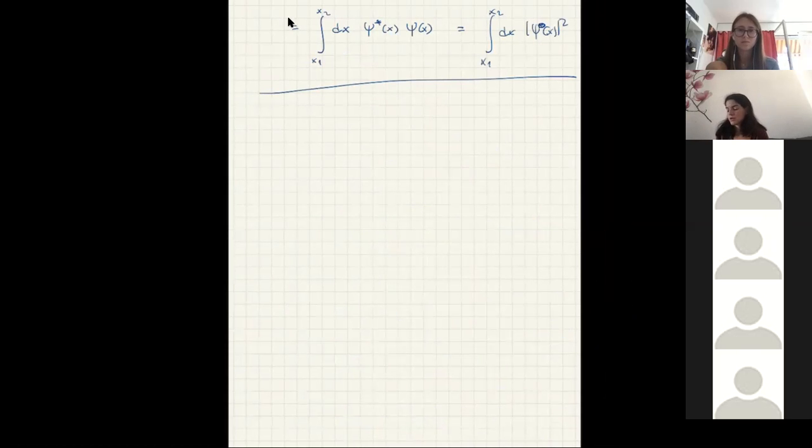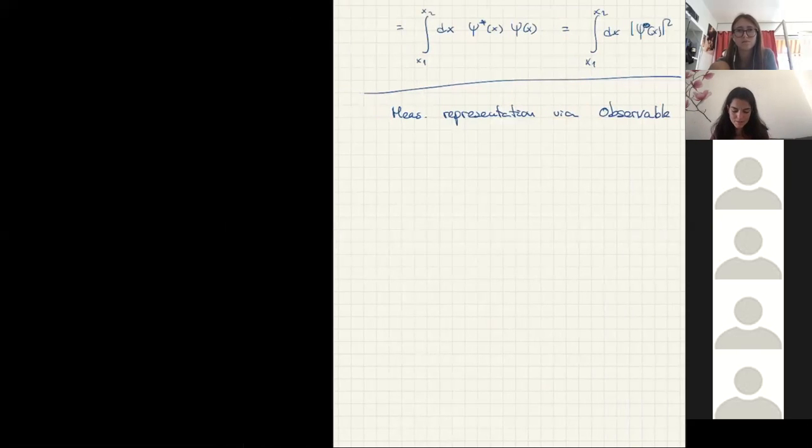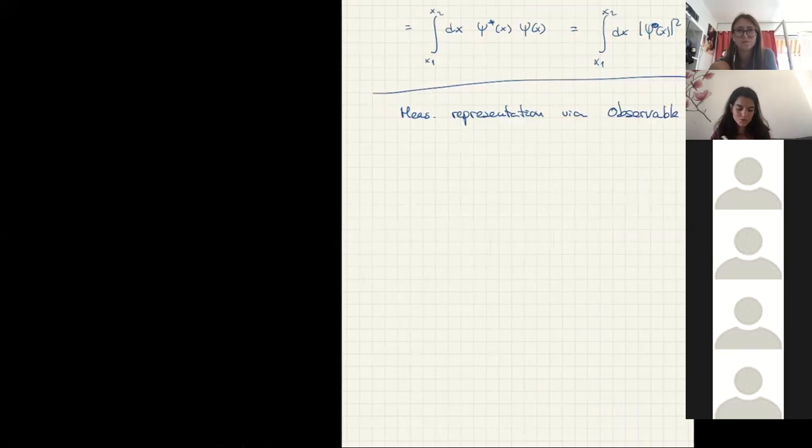Okay. So we did all this. Why? Because there are many ways of representing a measurement, and one of them is a measurement with respect to an observable. This is just a way of encoding both the probabilities and the outcomes, two in one. So a measurement representation via an observable is just taking a matrix that has not only these basis elements, but also the outcomes.